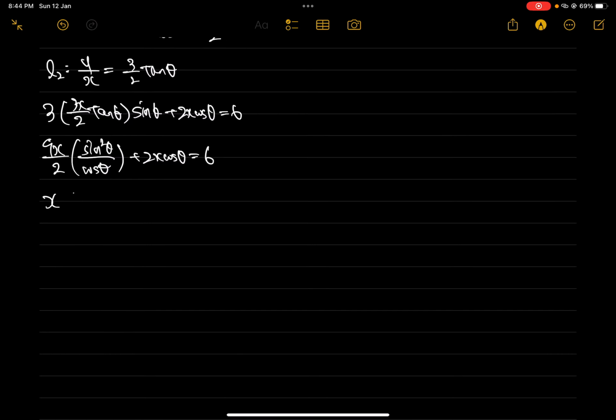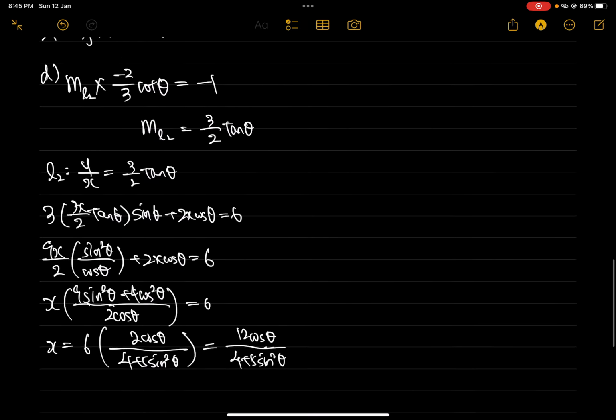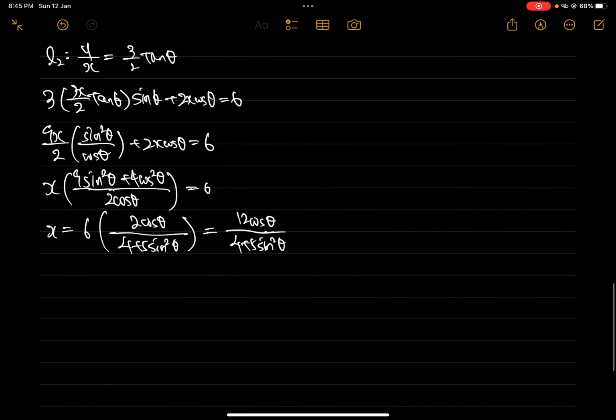So x is over 2 cosine theta, so that's 2 cosine theta, which means we have, and y is also apparent.